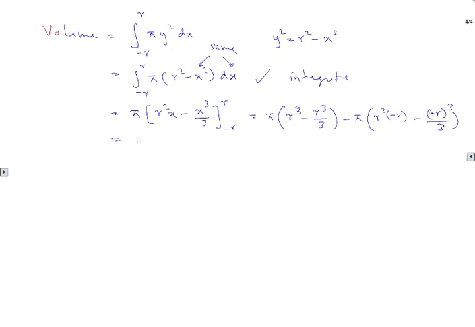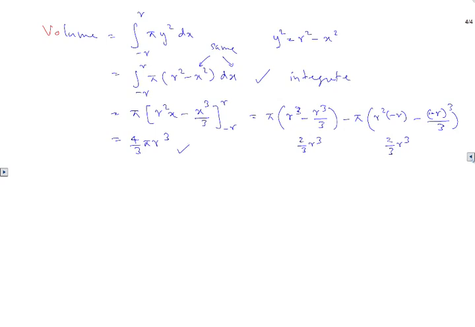So what do you get here? It's going to be 2/3 r cubed, and here also you get 2/3 r cubed if you simplify everything. So with the pi, it is 4/3 pi r cubed. Okay, so that's the formula you were looking for, and you can see that it's not that difficult.